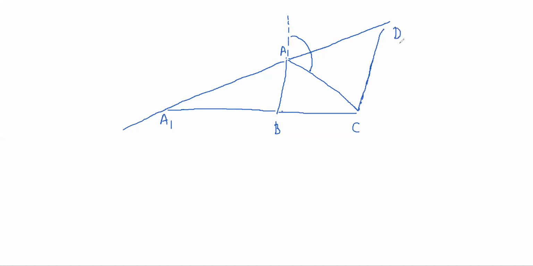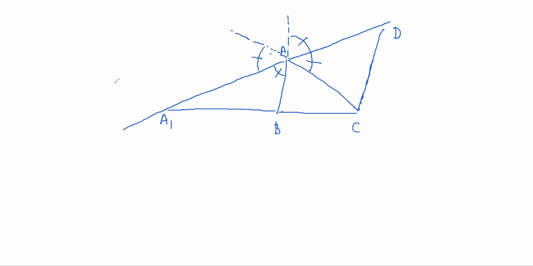This is, say, D. Okay, this is a bisector, so this is equal to this. So this angle is equal to this, and this angle is also equal to this.